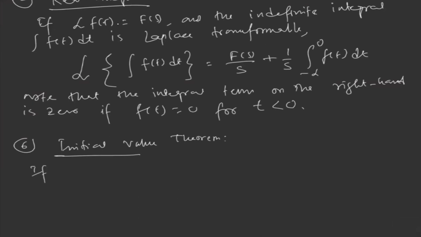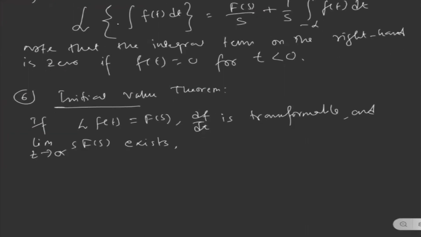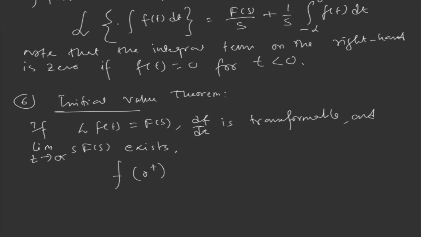If the Laplace transform of f(t) is F(s), and df/dt is transformable, and the limit as s tends to infinity of sF(s) exists, then we can write f(0 plus) equals the limit as s tends to infinity of sF(s). We'll use this very frequently when we talk about control design and the steady state behavior of the system.